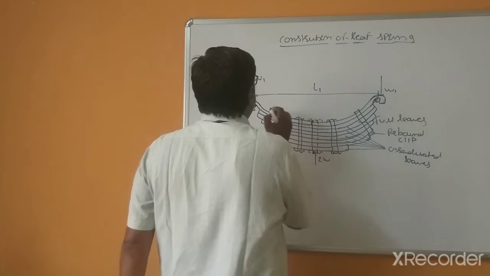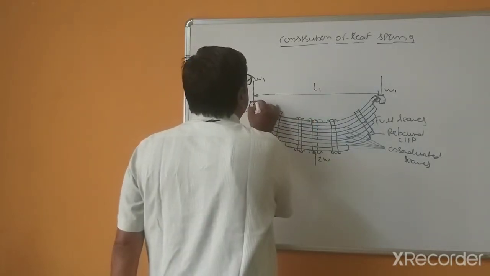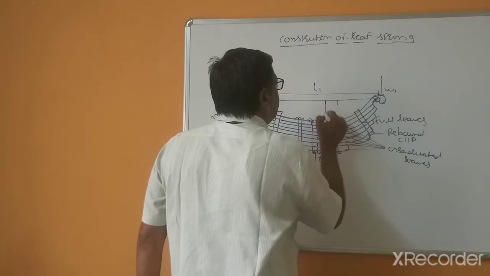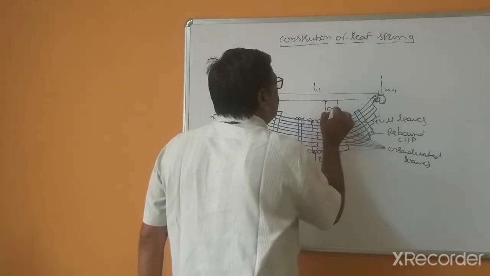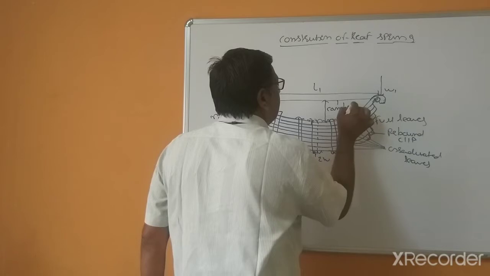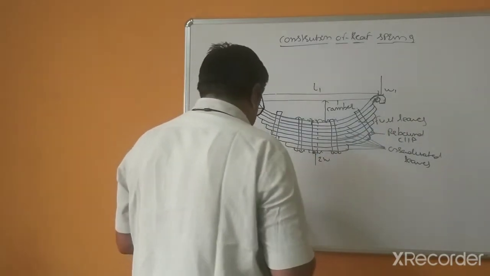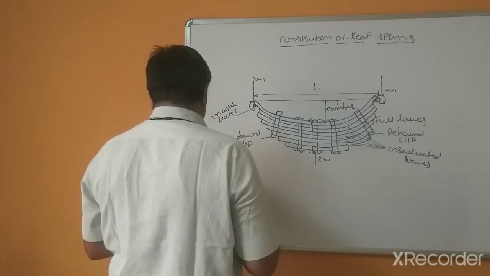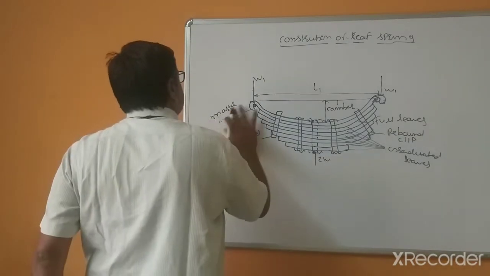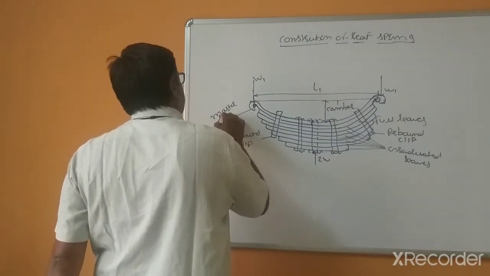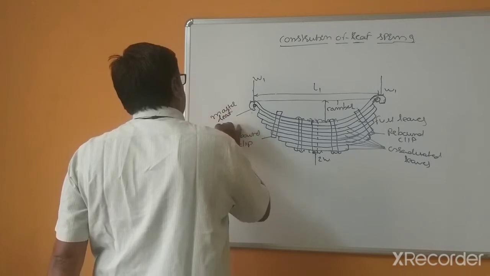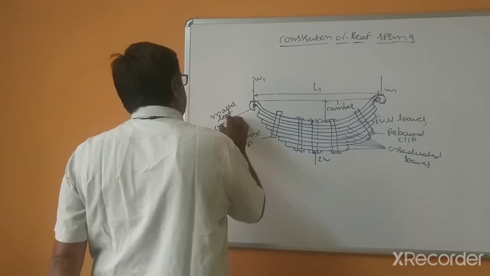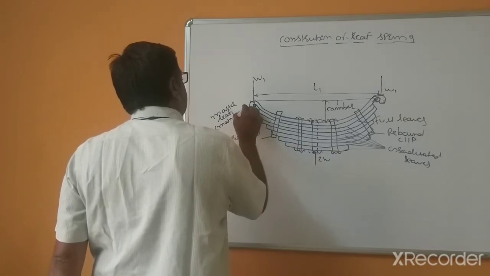And this is the camber. This is called the master leaf or main leaf.